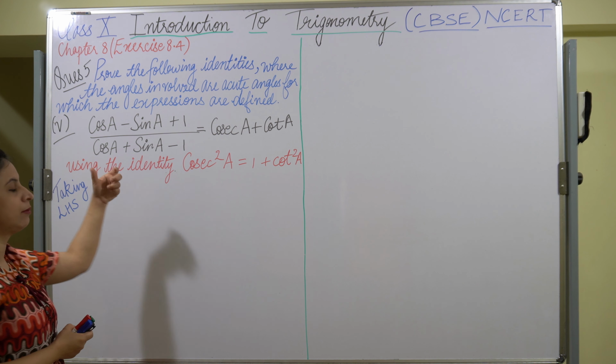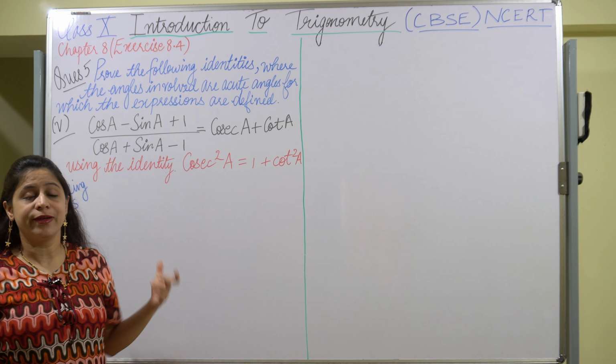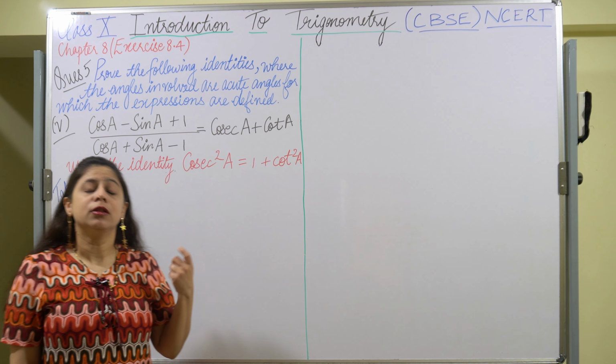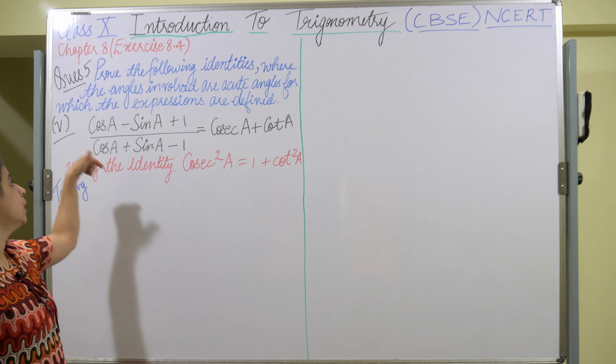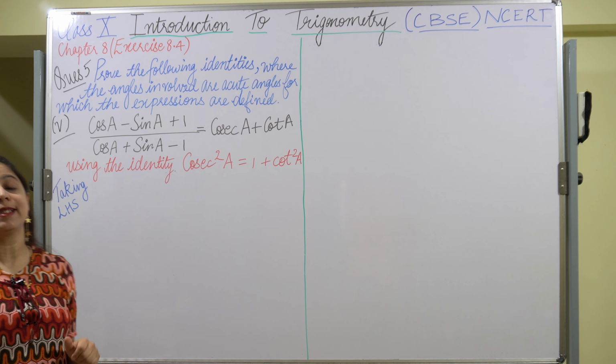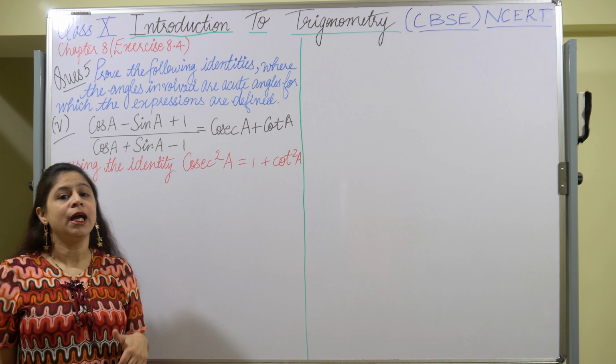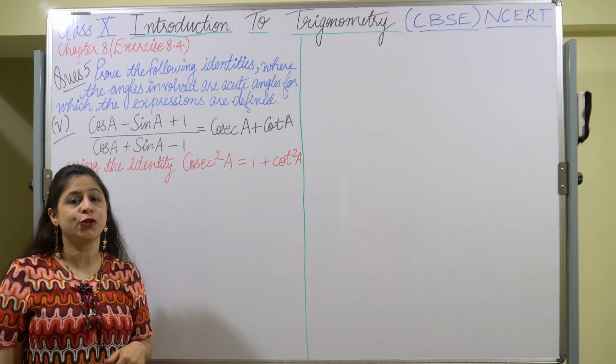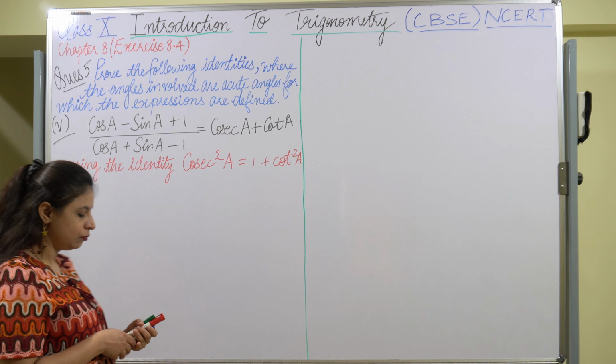Now we see that in the LHS there is no term of cot and cosec. So in order to bring the term of cot, we should divide by sin. So we will be dividing the numerator as well as the denominator by sin A, so that the whole term remains constant.